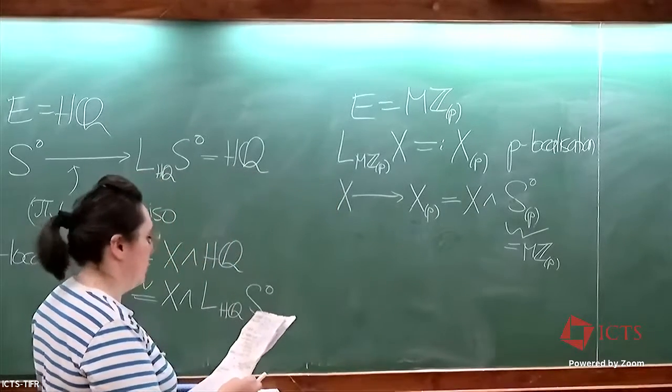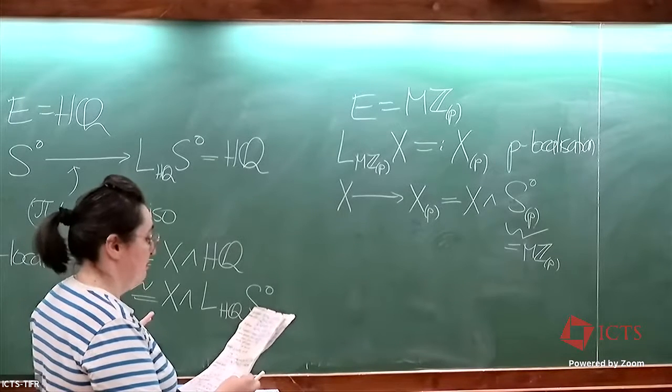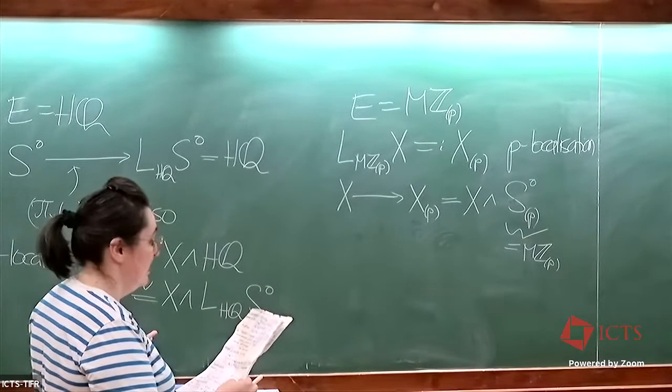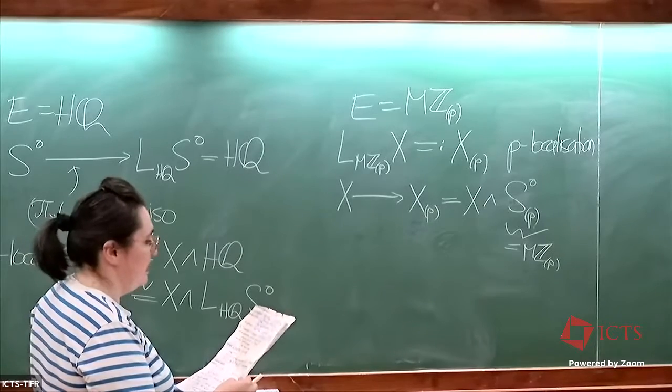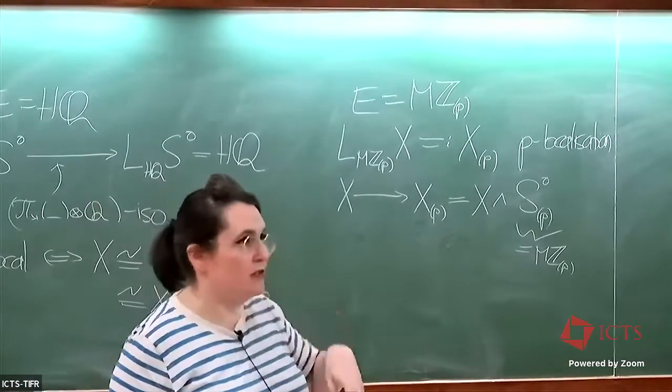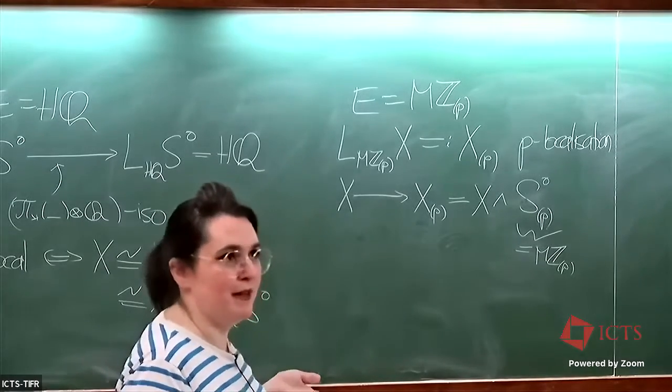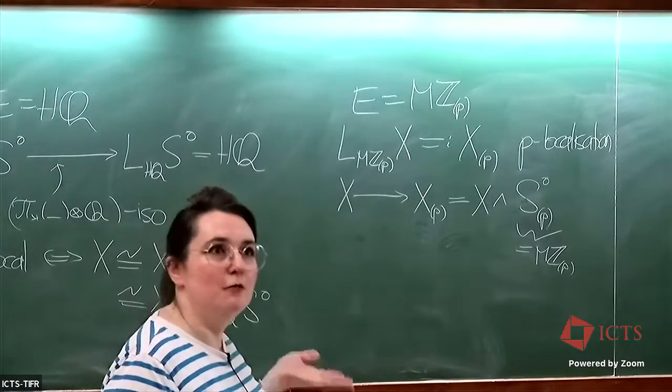So that all sounds very nice. And it also sounds quite easy. So is it really true that whenever we localize something, all we have to do is smash it with the local sphere? Wouldn't that be nice?